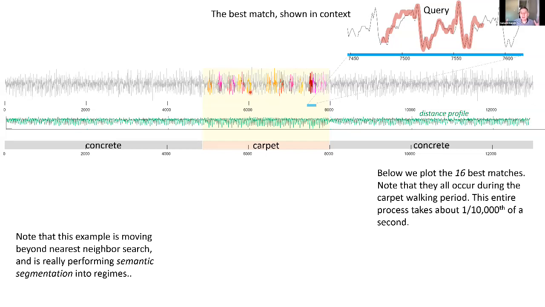And dividing data into regimes that have semantic meanings is a really important and useful tool. So this very simple tool can be very useful in many situations. I'll just mention in passing that this is surprisingly fast. This takes less than 1/10,000th of a second to do. So computationally, it's incredibly cheap to do this.